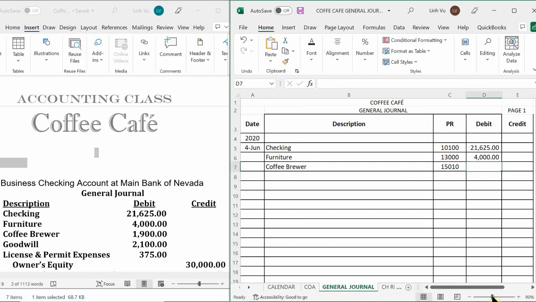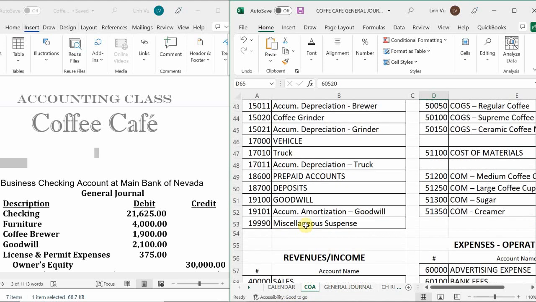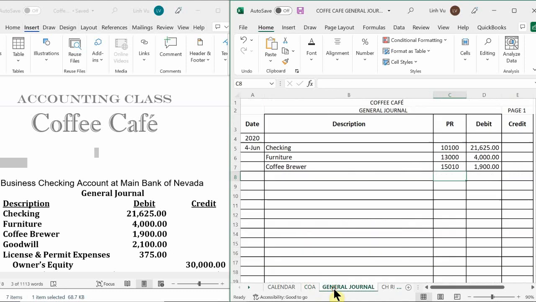And how much did I acquire this coffee brewer for? $1,900. And then we also had Goodwill. Goodwill was account number 19100. Okay.